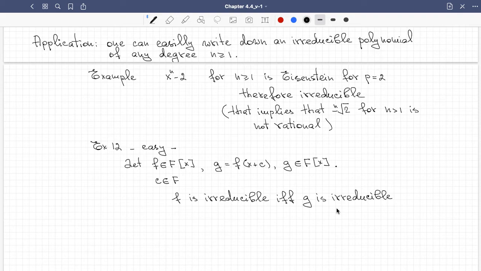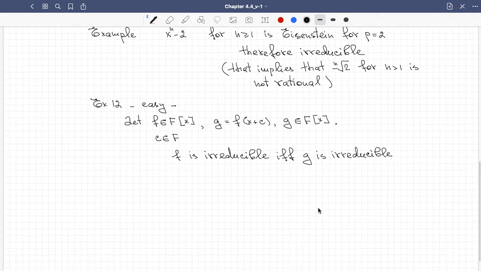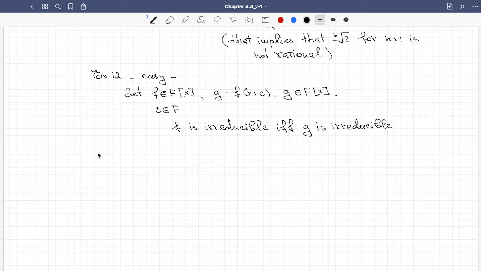And one factorization becomes another one, so you prove that the two polynomials are reducible always together. One non-trivial factorization immediately implies another non-trivial factorization. Now, exercise 13 is based upon that, and that is about an application of the Eisenstein criterion.